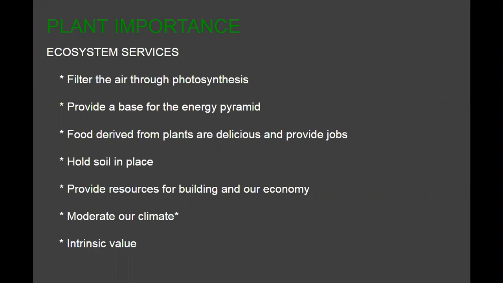They also have an intrinsic value. You can't quantify their value or put a dollar sign on what they're doing. Beyond all of these services, they also beautify our communities, and just looking at them is relaxing and amazing, and makes life special, I feel. So plants are awesome.